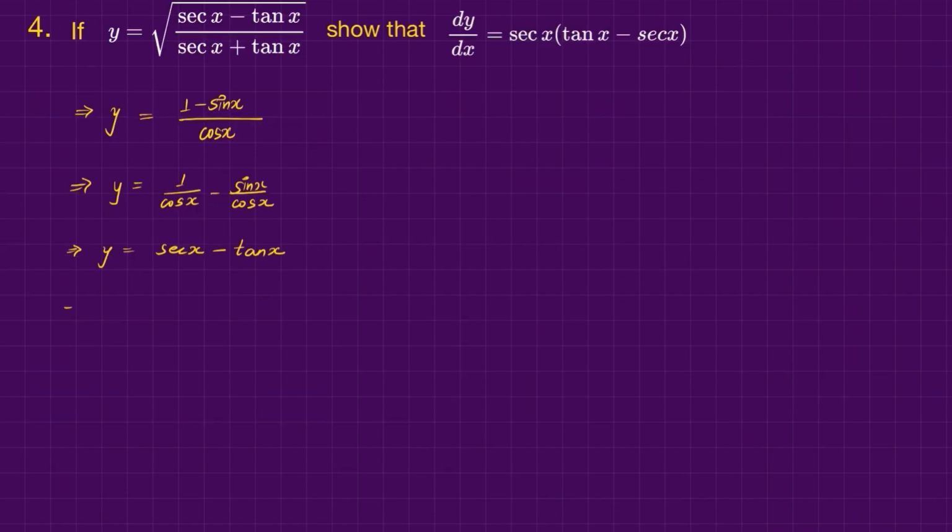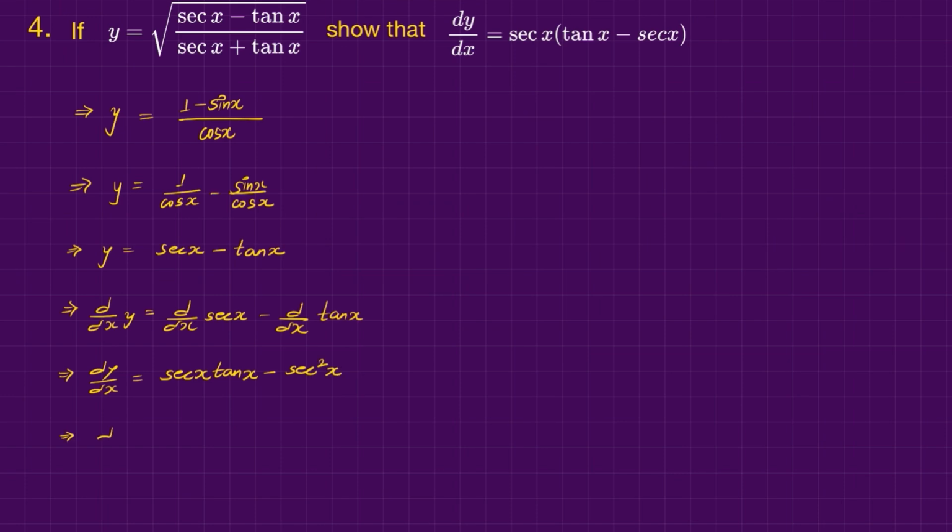Differentiating both sides with respect to x, we have d/dx of y equals d/dx of sec x minus d/dx of tan x. This implies dy over dx equals, d/dx of sec x is sec x tan x, minus d/dx of tan x, which is sec square x.